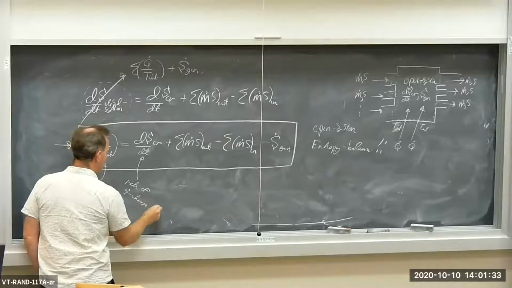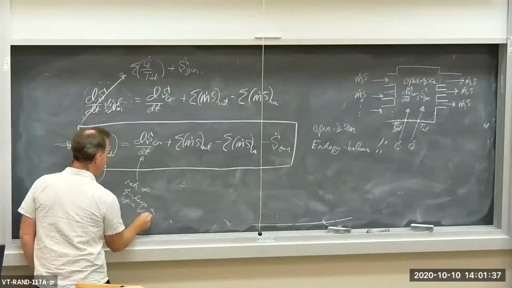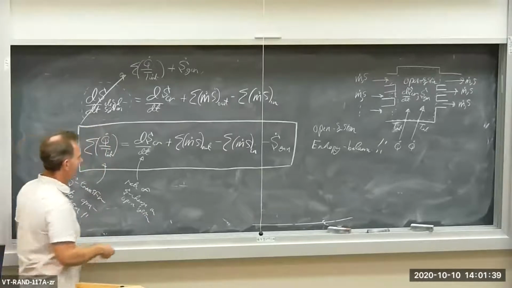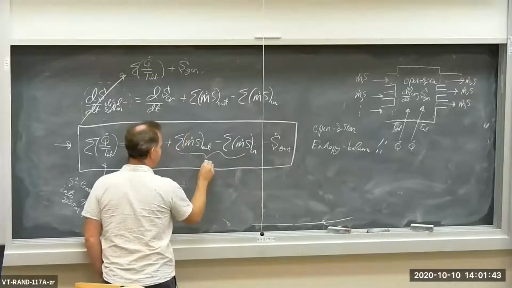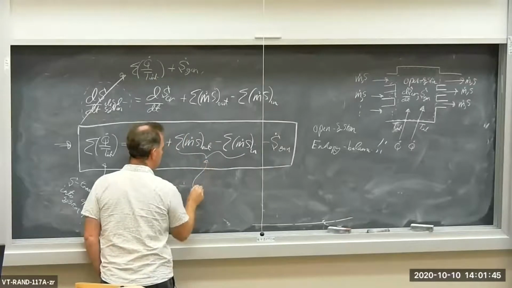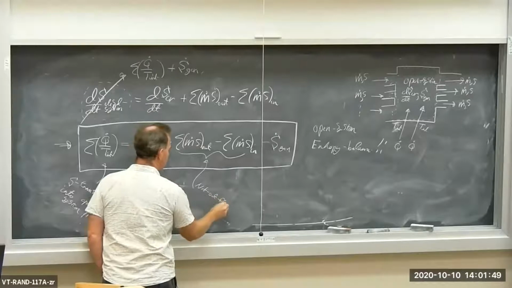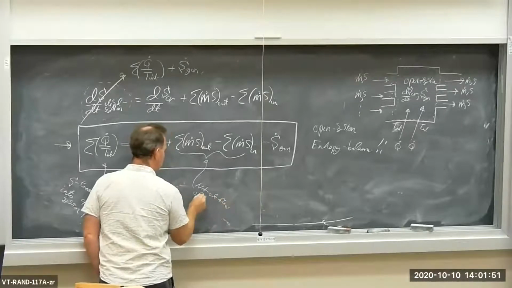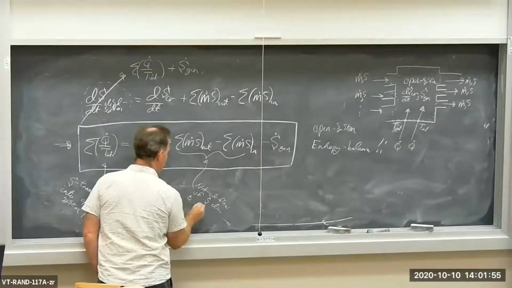And then we have, if you like, the net outflow of S due to mass flow.